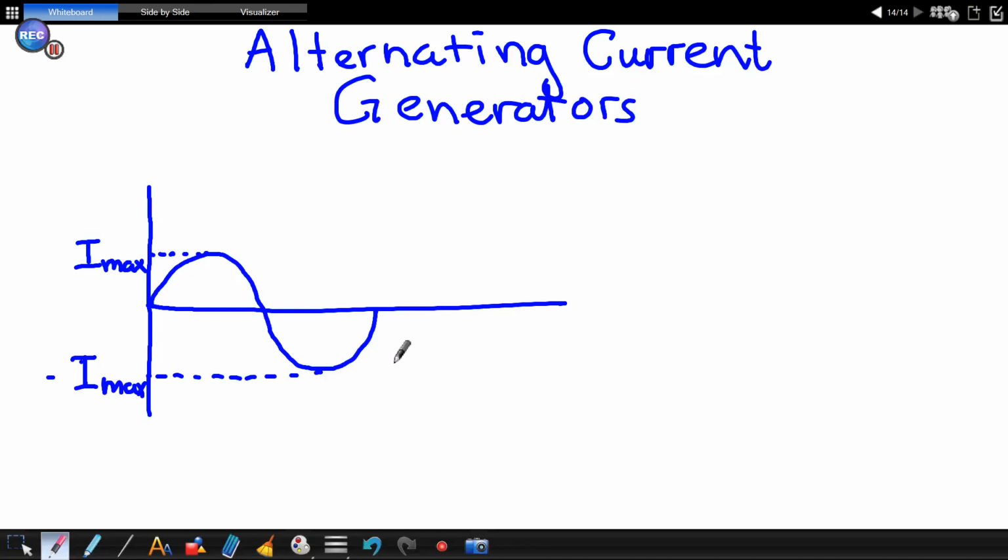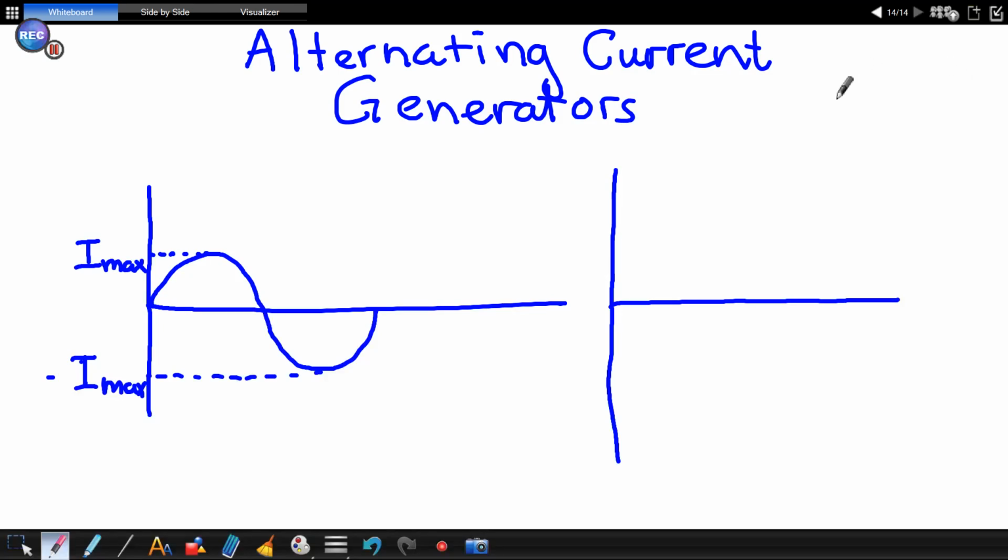What do you think a potential difference graph or an EMF graph would look like? Will current and potential difference not be directly proportional to each other, granted that resistance is the same?